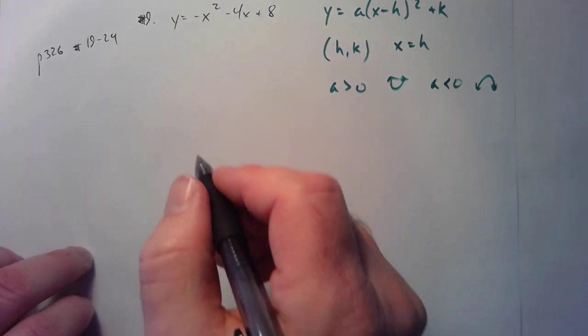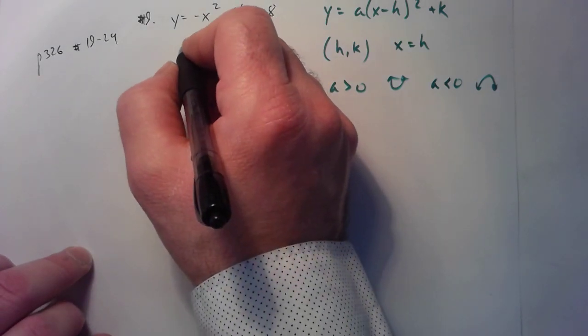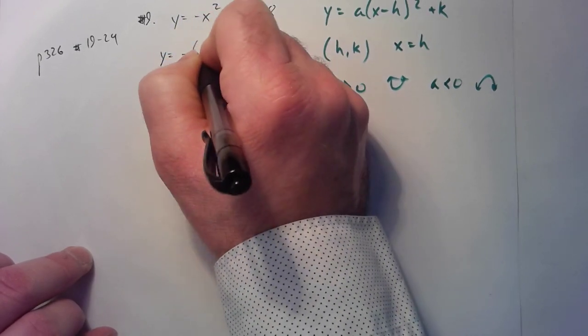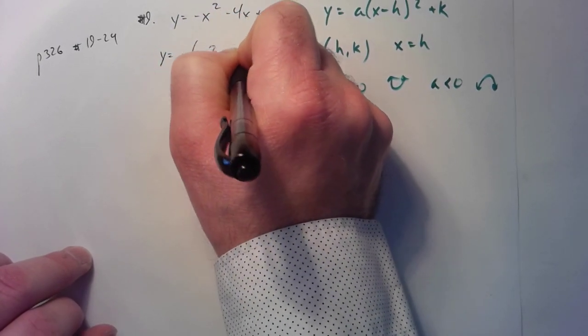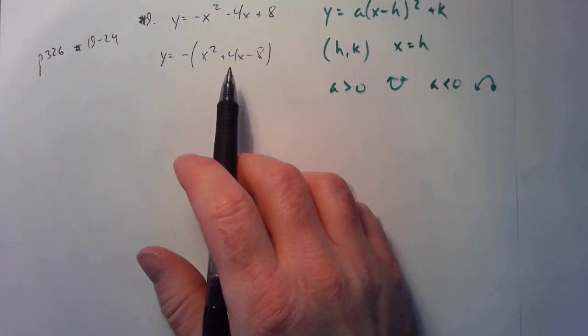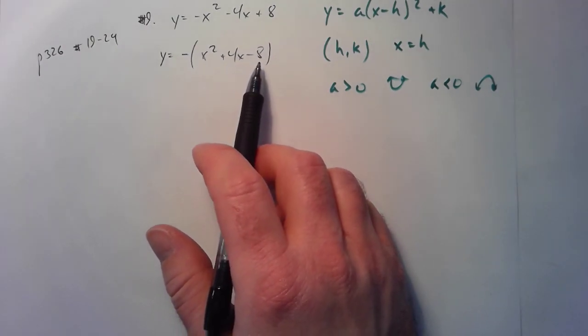So I'm just going to factor a negative 1 out of it. And maybe that'll help move on. y equals negative of x squared plus 4x minus 8. So half of 4 is 2. 2 squared is 4. So this should say plus 4.